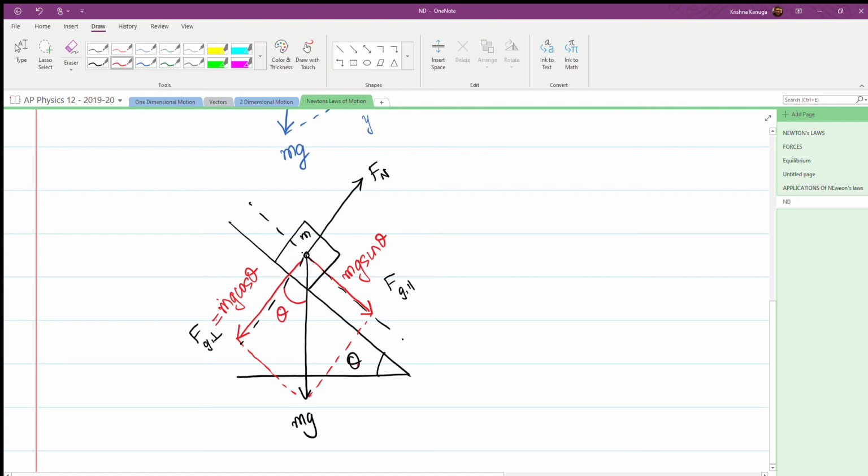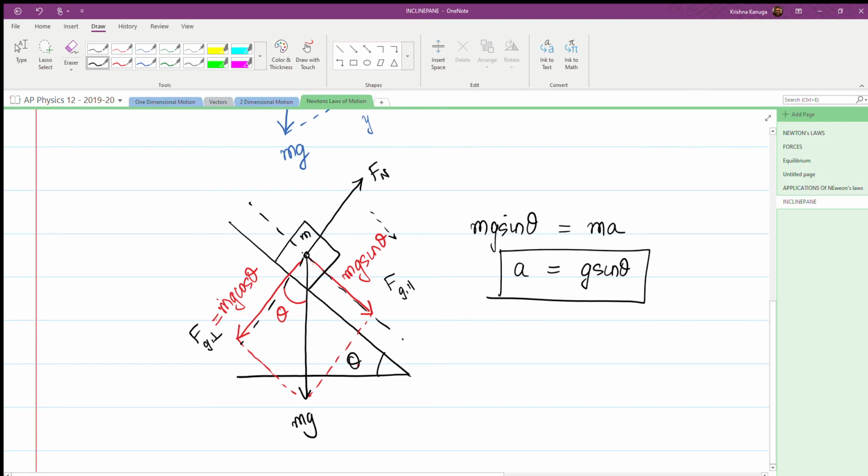Now, if you had to find the acceleration, if you look at the direction of motion, which is along this x-axis, we would have mg sine theta, the only force pulling it down, and this would be equal to ma, and therefore a would be equal to g times sine theta.